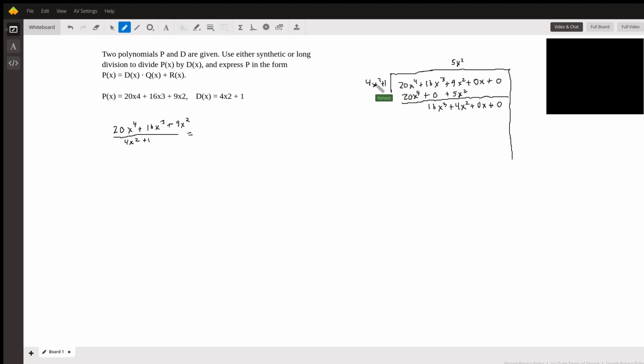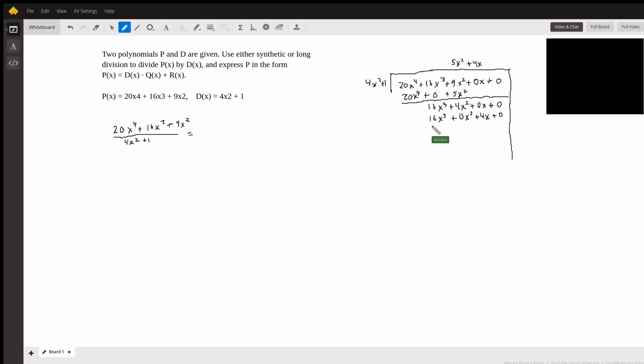Okay, so here, this is just going to be 4x, because when I distribute the 4x against this, I'm going to get 16x cubed plus 0x squared plus 4x plus 0.